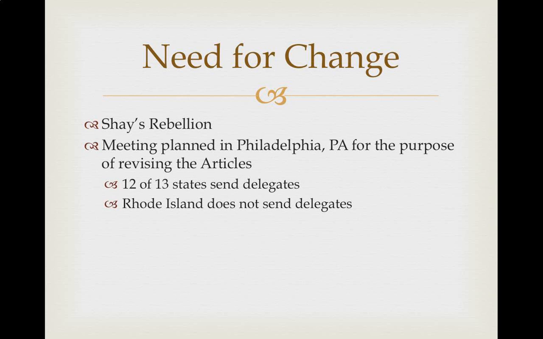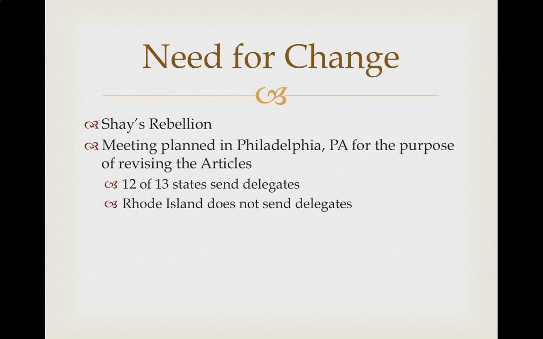So because of Shays' Rebellion and what happened with that, there were some delegates, some different people who felt there should be a meeting, and they did schedule a meeting for Philadelphia, Pennsylvania, and the purpose was specifically for revising the Articles of Confederation.